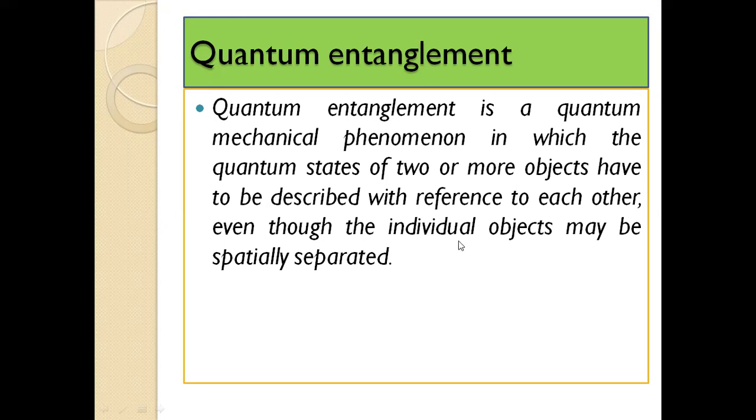Repeating again, quantum entanglement. What is that? It is a phenomenon, a kind of action where the quantum states of two or more objects can be described with reference to each other. Suppose Q1 and Q2 can be described with respect to each other, even though they may be spatially separated.